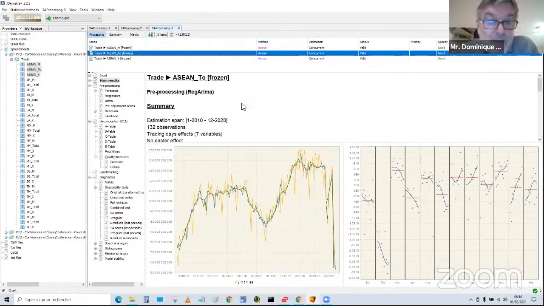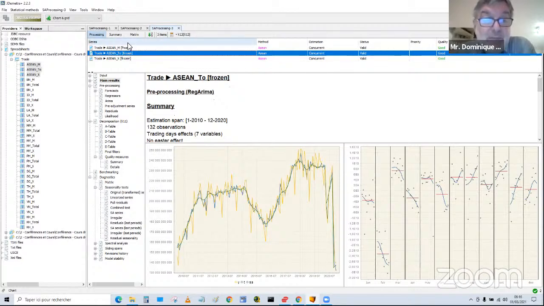So we have a question here. The total import in ASEAN, the seasonally adjusted series, is it this series that I directly seasonally adjust, or is it the seasonally adjusted series of the exports minus the seasonally adjusted series of the imports?